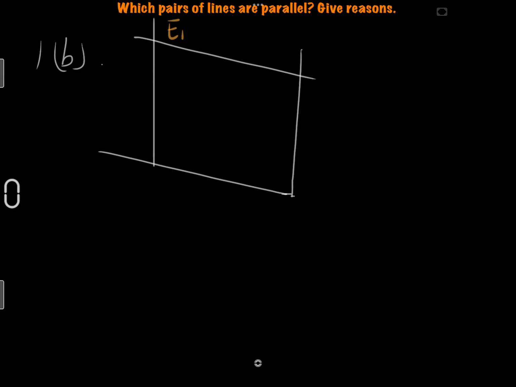So we have E1 and E2. Here we have F1 and F2. We have S1 and S2. We have T1 and T2. Remember, these are just the annotations.